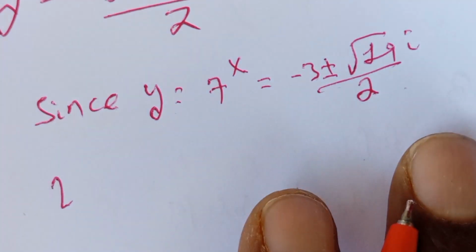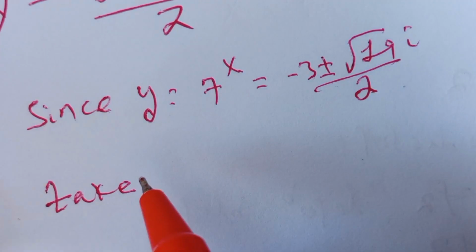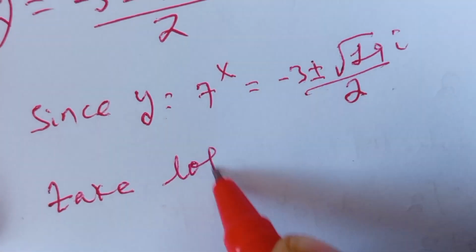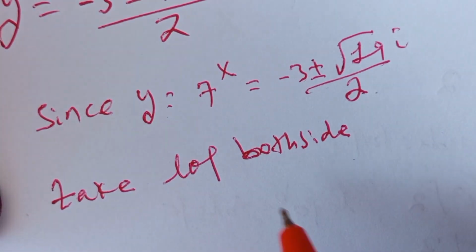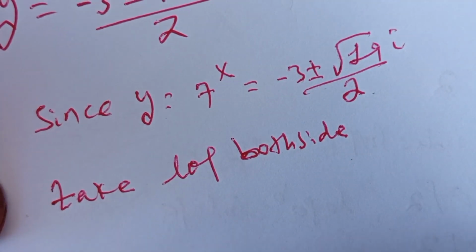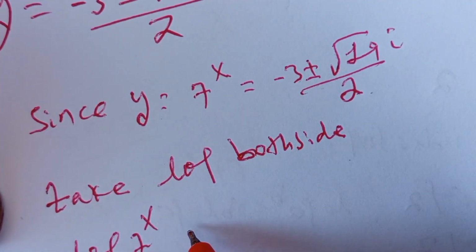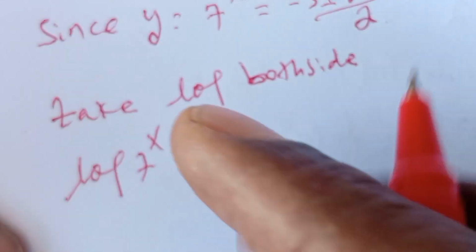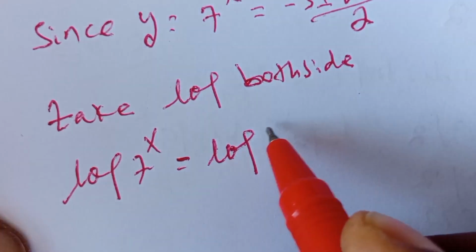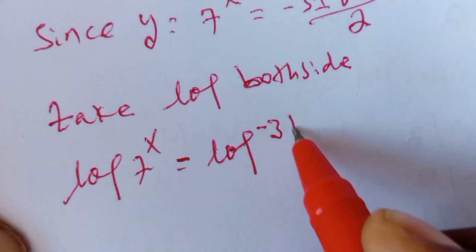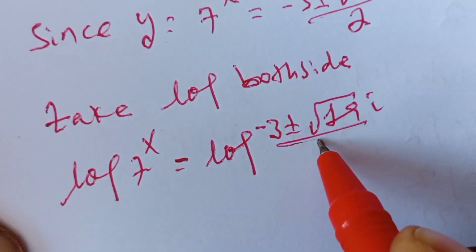Take log of both sides. So the logarithm of 7 to the power of x is equal to the logarithm of minus 3 plus or minus root 19 i over 2.